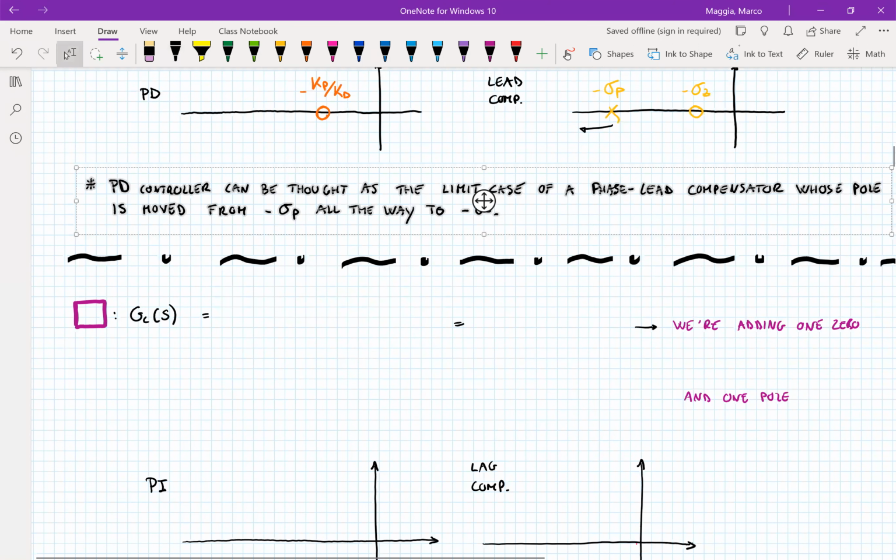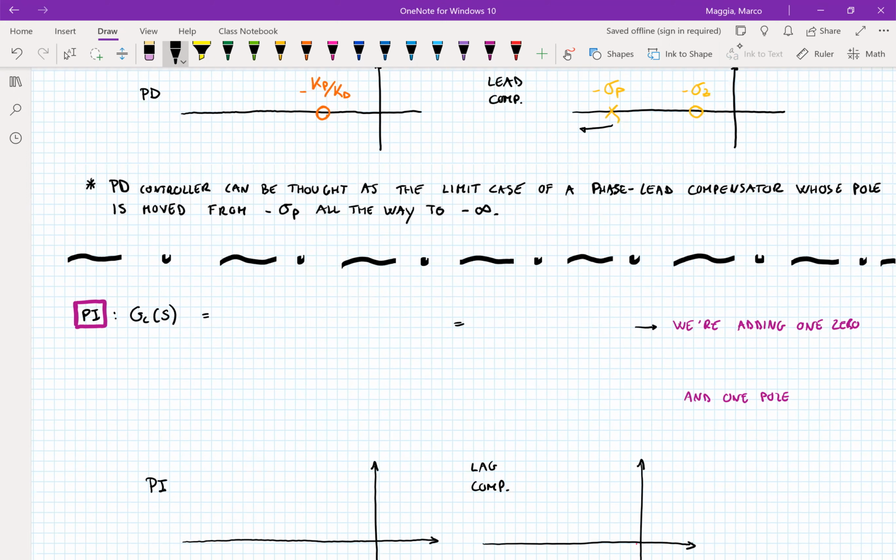On the other hand, we have the PI controller, or proportional integral controller, which we can write as Kp plus Ki over S. And then by manipulating it a little bit, we just have the common denominator as S. So the numerator becomes S Kp plus Ki.